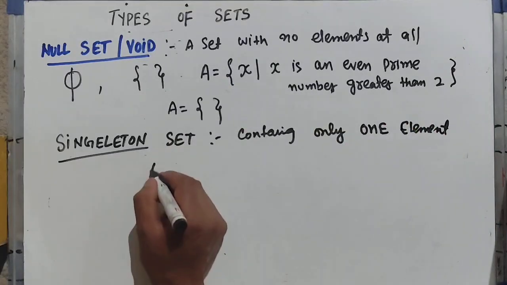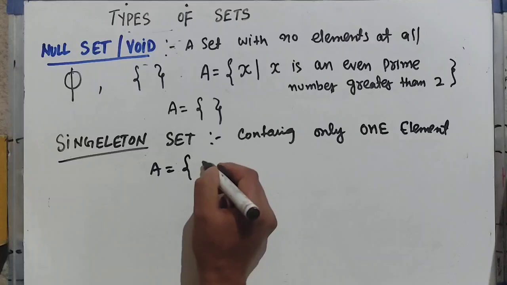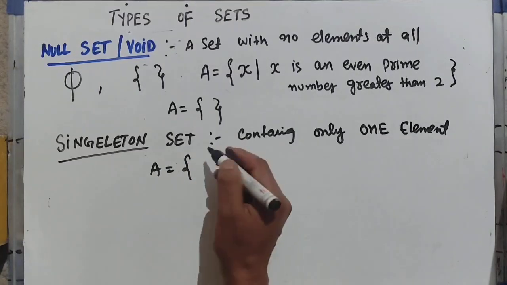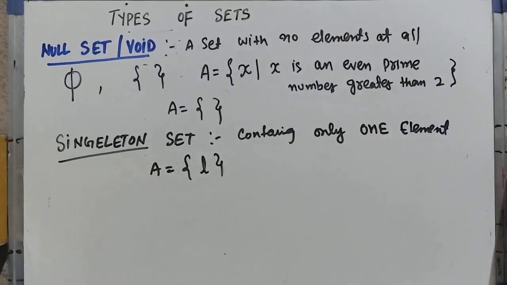Let us suppose we have a set A and we have only one element here, let us take L. We say this is a singleton set because it contains only one element.